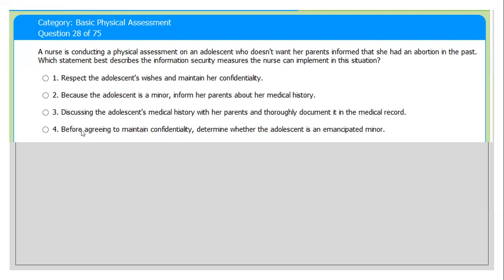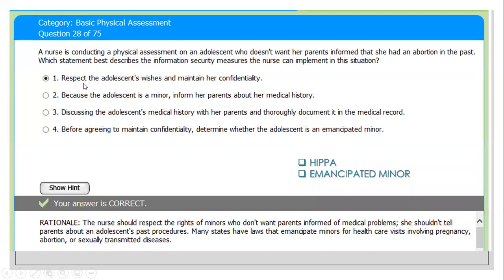Number four, before agreeing to maintain confidentiality, determine whether the adolescent is an emancipated minor or not. The correct answer is to respect the adolescent's wishes and maintain her confidentiality.